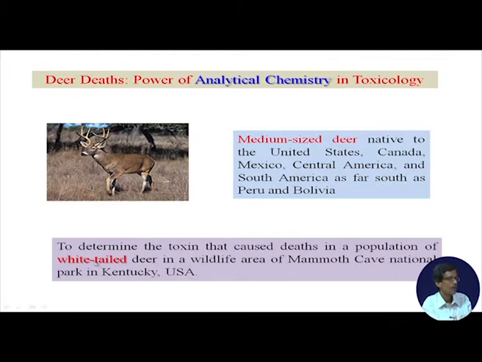How can we determine the toxic effect of something given to this park? This happened to white-tailed deer in a wildlife area of Mammoth Cave National Park in Kentucky, US.